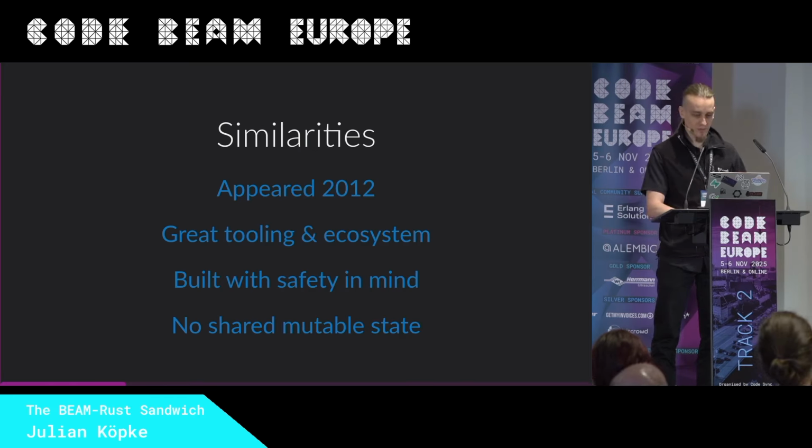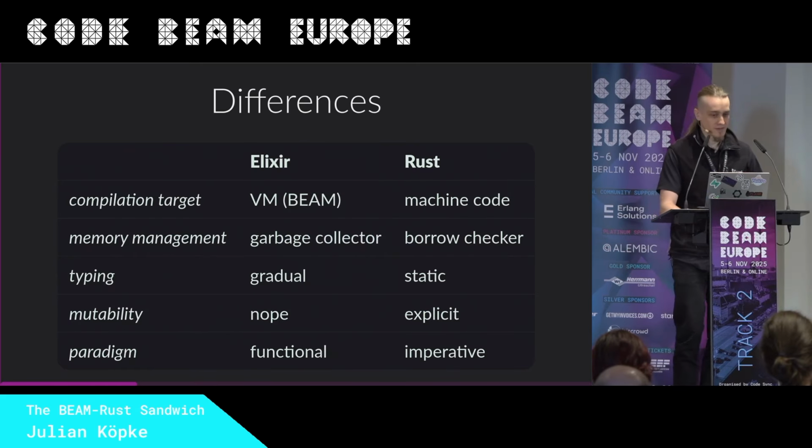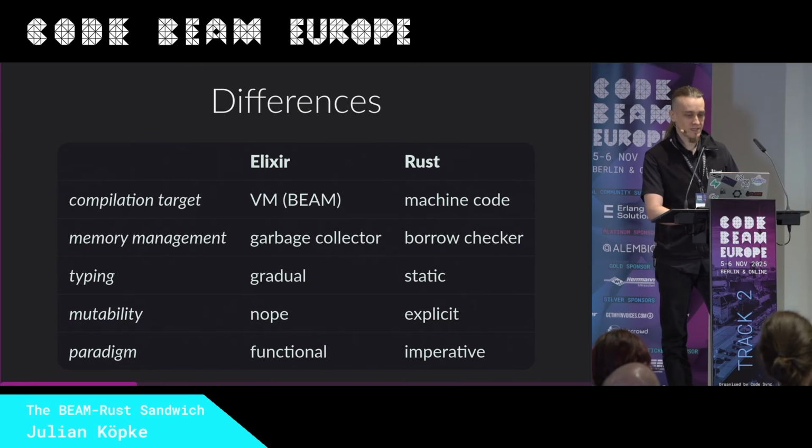And talking about different ways, the differences between Elixir and Rust are pretty grave. Elixir compiles to the Beam, obviously. Rust goes directly to machine code. The Beam is garbage collected, and Rust has a borrow checker, which basically makes sure during compile time that all your memory is allocated and deallocated, and everything can be baked into your binary.